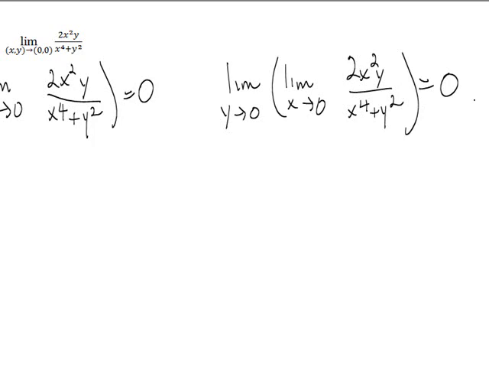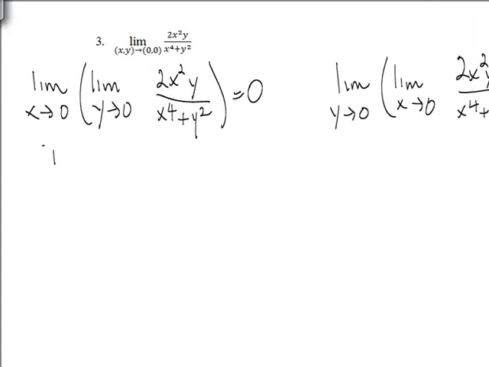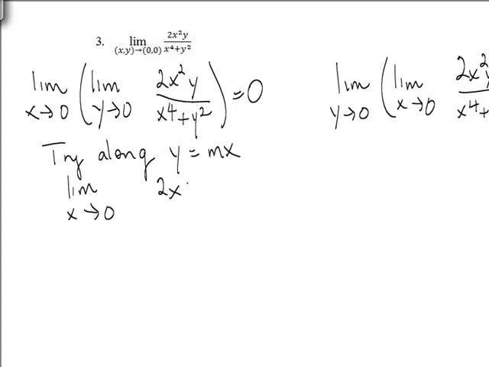We're going to try along a line. Let's be very general. Let's just try it along y equals mx right away. So this becomes the limit as x approaches 0 of 2x squared times mx over x to the fourth plus y squared, which is m squared x squared. Now at the denominator we can factor out x squared.